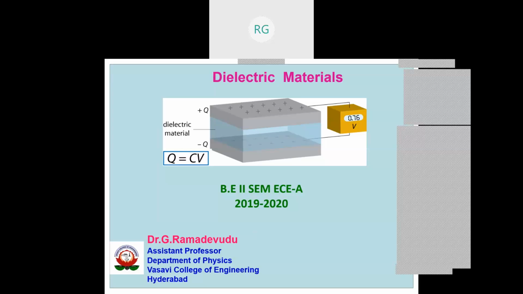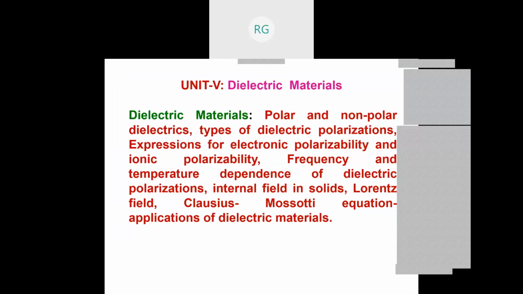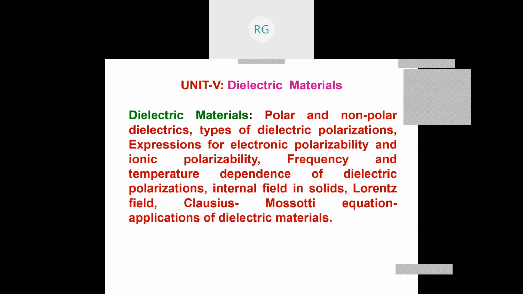In this class we will see dielectric materials, and the syllabus in Unit 5 of dielectric materials is something like this. We will look at polar non-polar materials, different types of dielectric materials, and different types of dielectric polarizations.